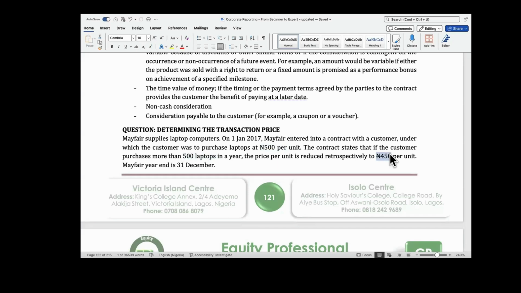So all they just need to do is meet the 500 milestone in a year. We will reduce the price retrospectively to 450. That is the one they have bought before at 500, we'll give you 15 naira back. So that was the deal he entered.